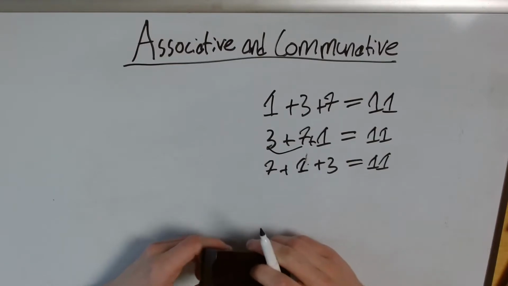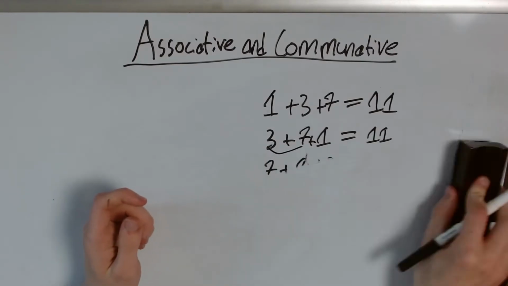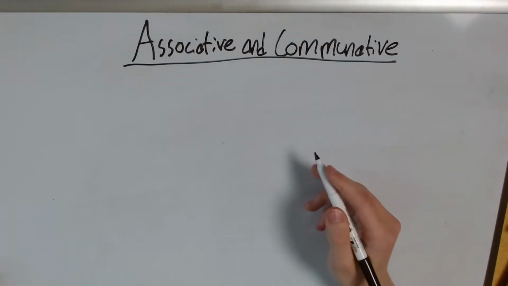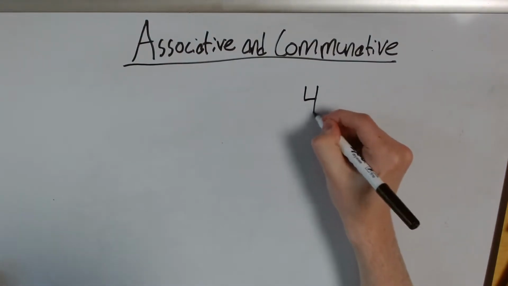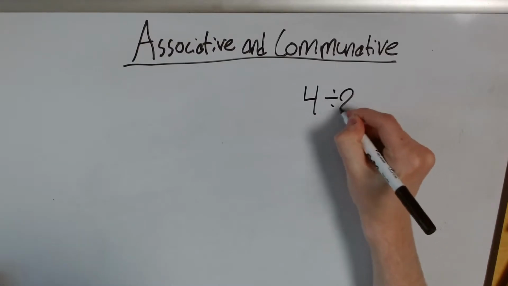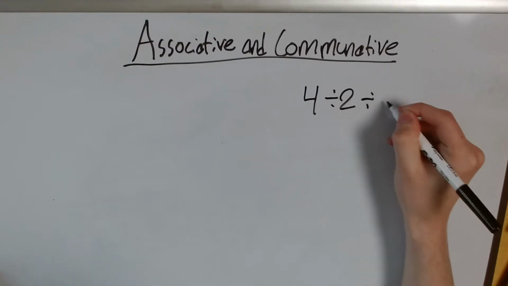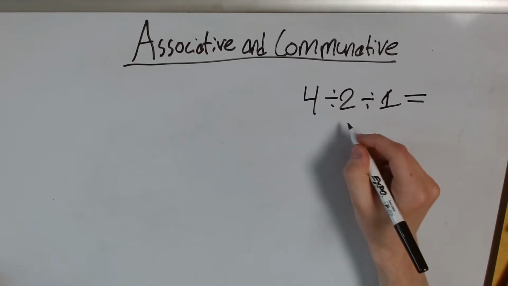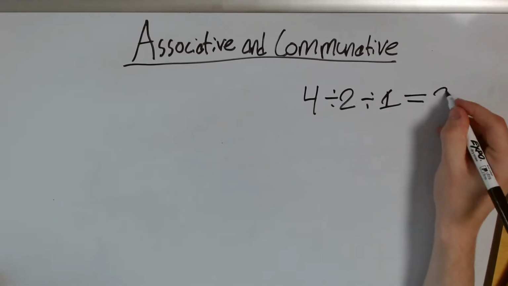Now I might be saying, well, addition and multiplication. What about subtraction? What about division? Well, they don't work. Say I have 4 divided by 2 divided by 1. That's 4 divided by 2 is 2, divided by 1 is 2.